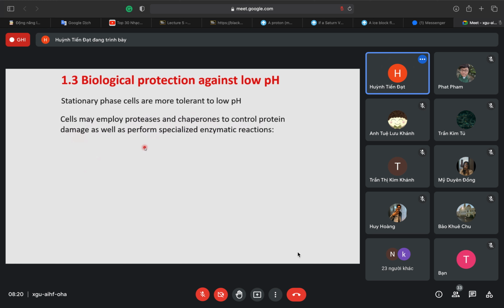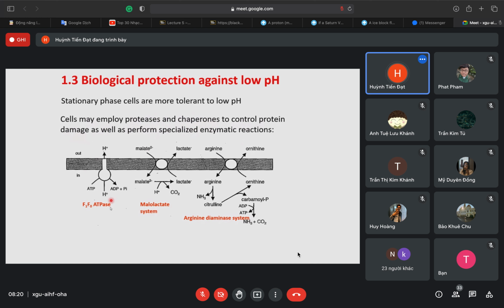As well, they can perform specialized enzymatic reactions. For example, let me explain for you guys here: inside the cell membrane, when they change to low pH already, what they try to do is increase more ATPase, so they pump out the H+.